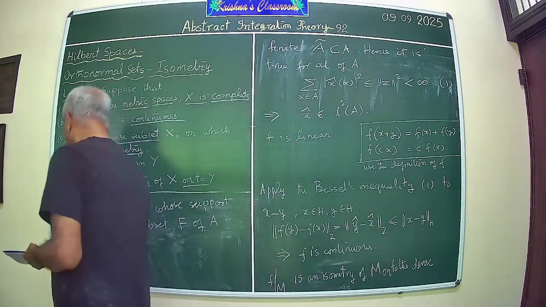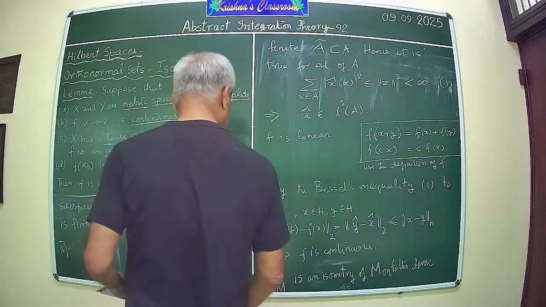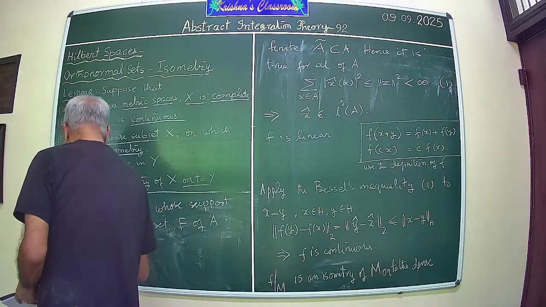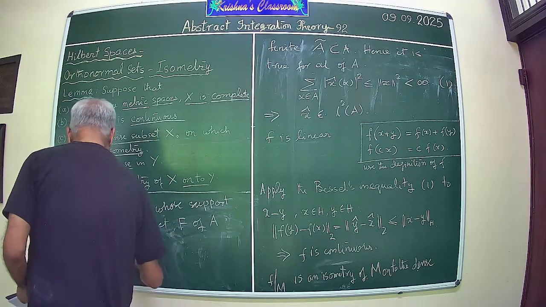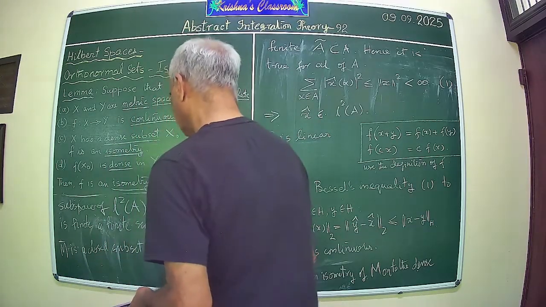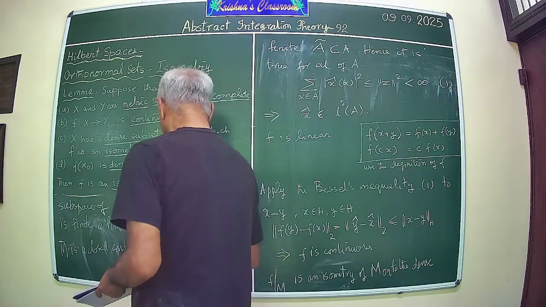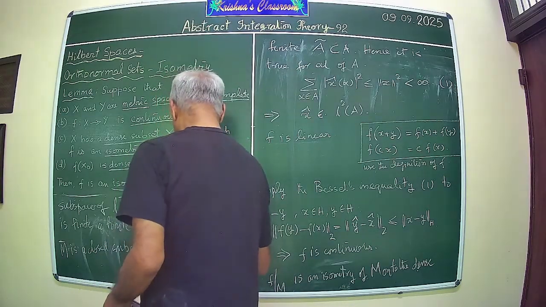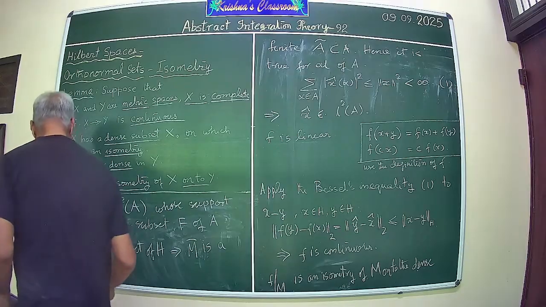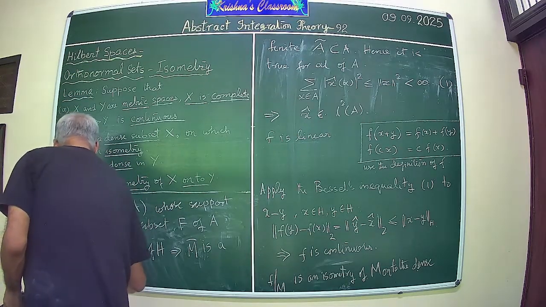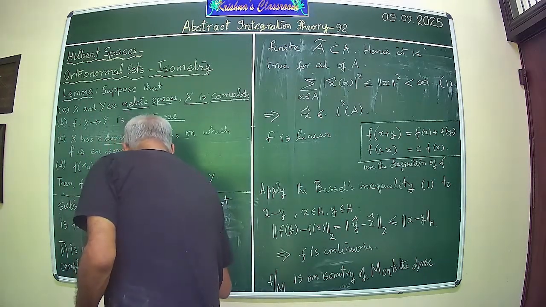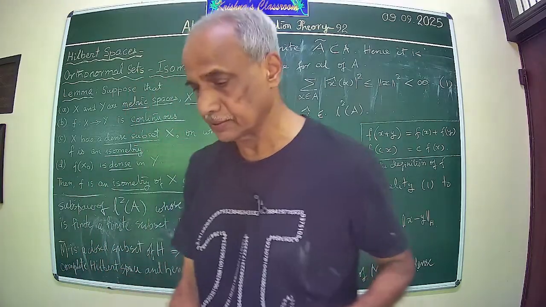Now M closure is a complete Hilbert space, and hence a complete metric space.